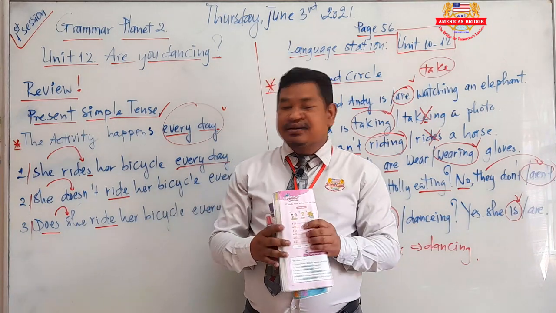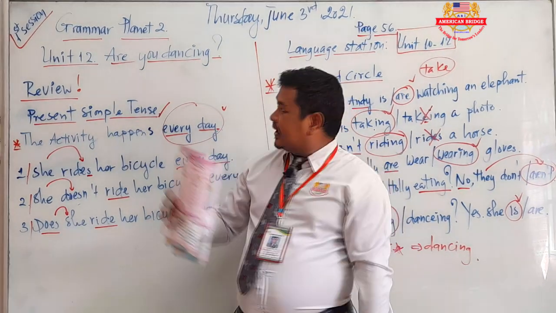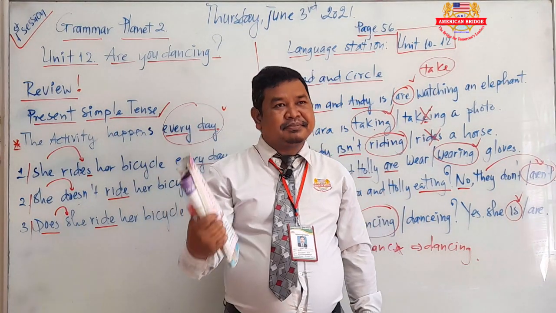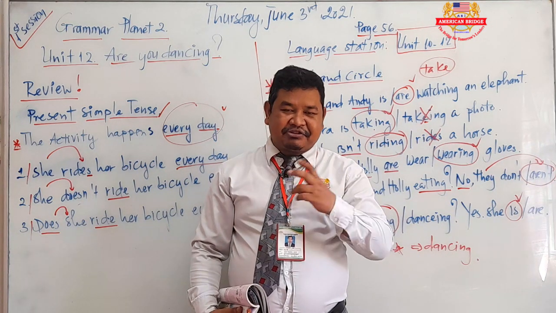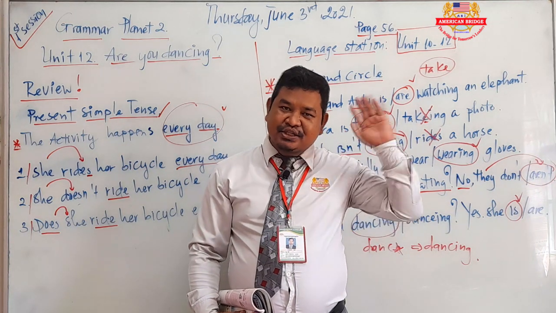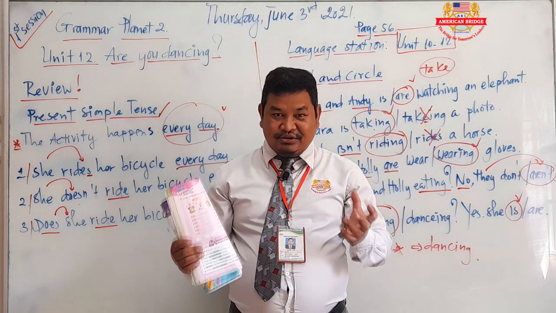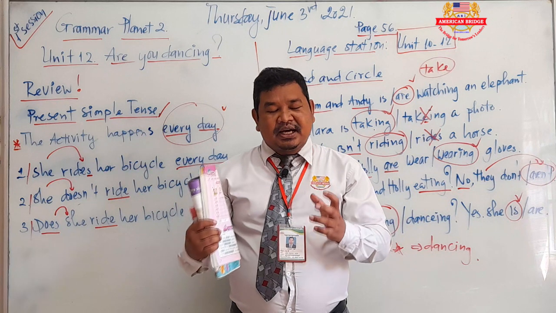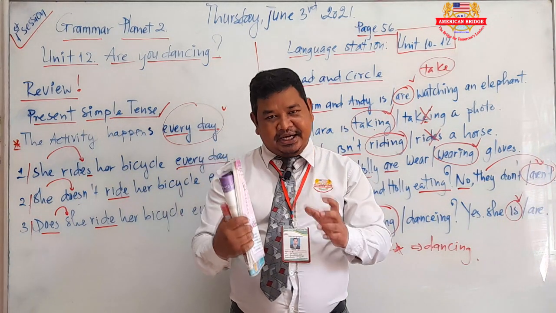So students, both present simple tense and present continuous tense are two grammar points from unit 10 to unit 12. If you are not clear, if you don't understand, you can ask the homeroom teacher. They will tell you more. They will explain more on that, okay?